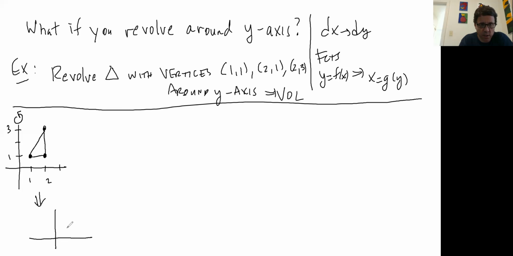Well, let's see. So we've got a triangle. We're revolving that around, so now we get sort of circular shapes this way, circular shapes this way. You get a slant that way, and a mirror image on the other side, you get a slant that way.